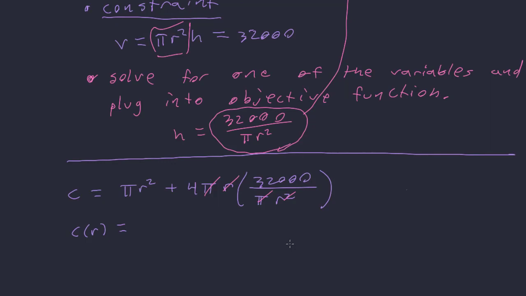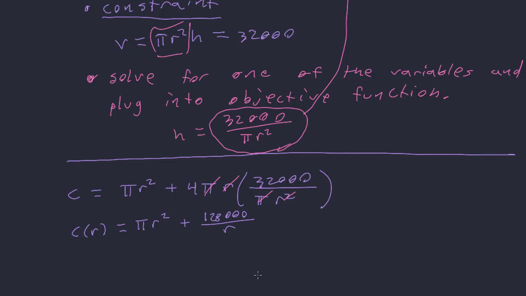Then we'll be left with c of r is pi r squared plus 4 times 32,000 over r. Actually, let's write that as 128,000 over r.